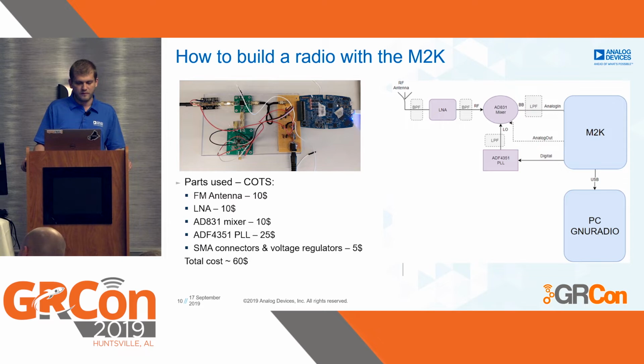It has a digital configuration interface, so you would need some other hardware to interface with it. Maybe an Arduino with a knob, or a Raspberry Pi, or maybe you could rewrite the M2K firmware to handle that. But that seems like a lot of extra work. So we're going to show you how we use the libm2k to configure the PLL.